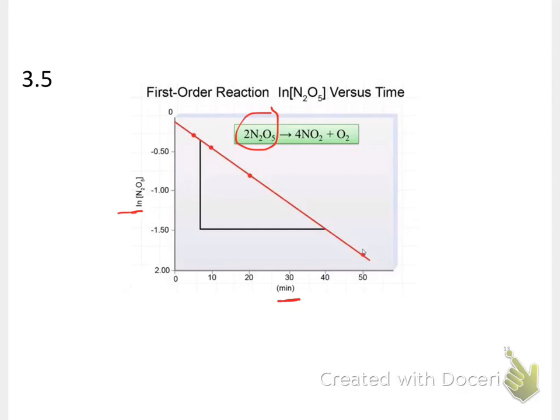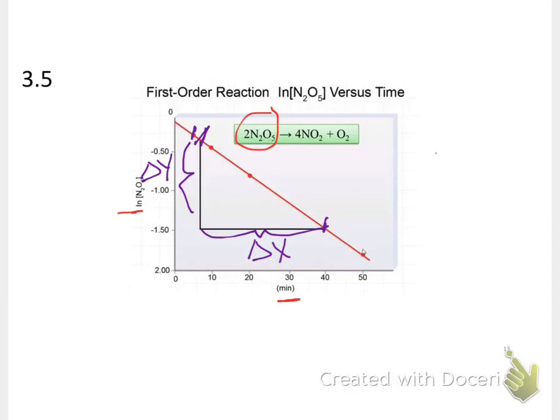So if I wanted to find k, I can do that. I can just simply find the slope of the line. And in order to do that, I pick 2 points that don't have to be plotted points, but they're points on the line, and I find their slope by doing change in y over the change in x.